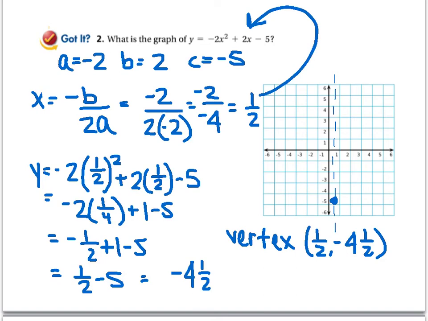Jake? Yeah, it's going to be on the y-axis, (0, negative 5). So it's always on the y-axis, wherever your c value is. And then reflect it to the other side and sketch the parabola.